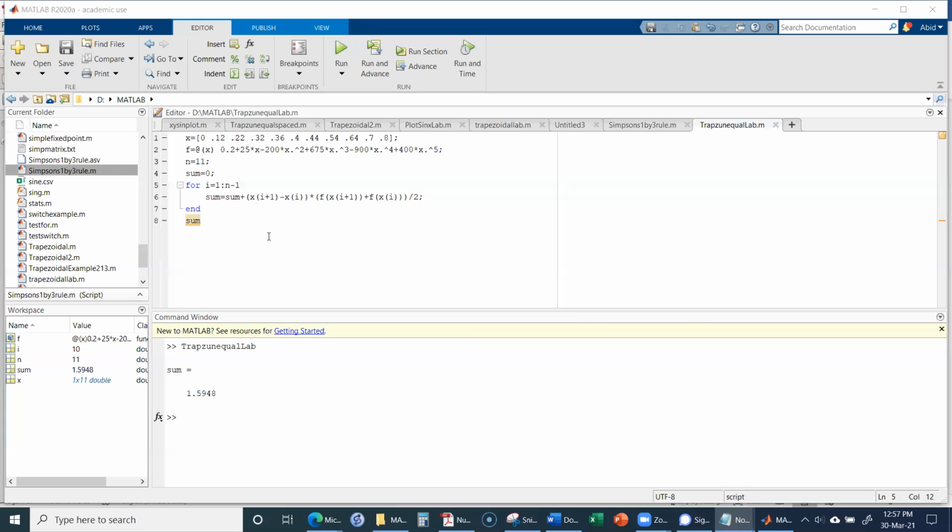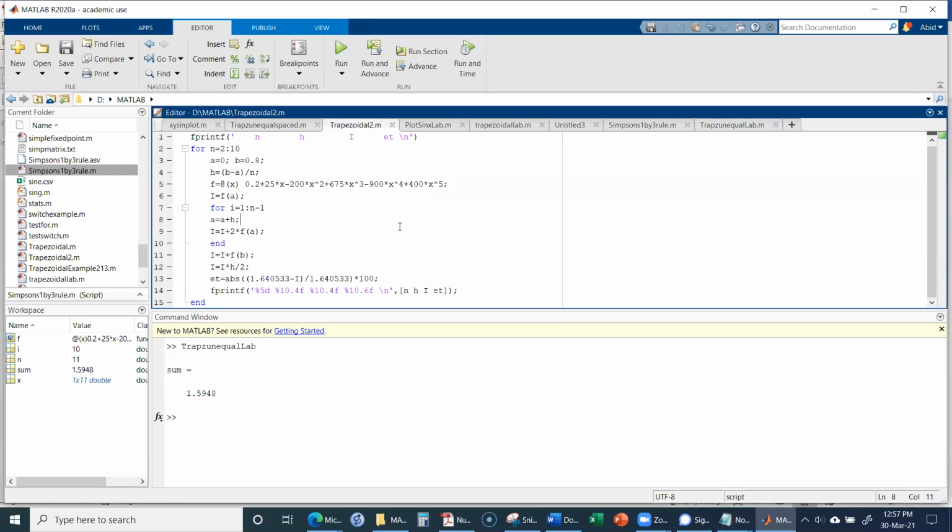I mean, in the code of trapezoidal, if I'm not mistaken, we use 2 for loops, one for the function and another for the n. Oh, yes.